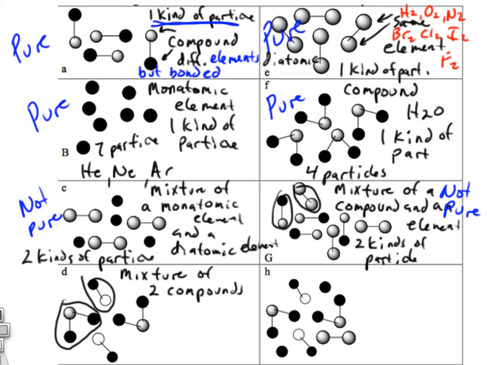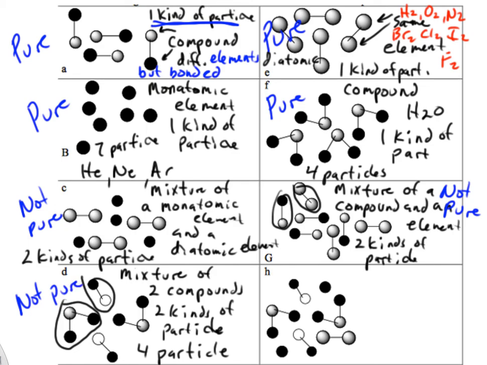And so we have two kinds or two types of particle. We've got two kinds of molecule, and we've got 1, 2, 3, 4 particles. And this is because it's a mixture. This is not pure.